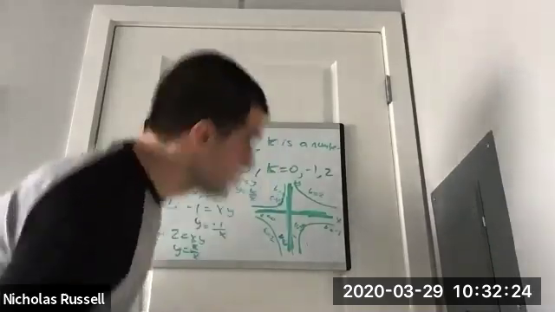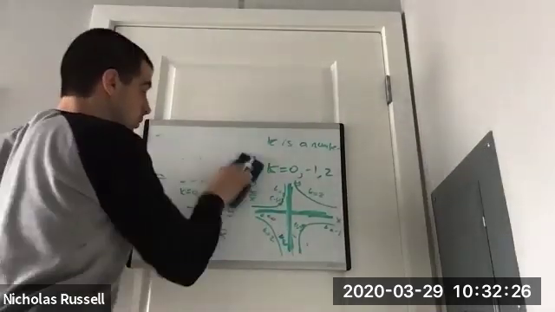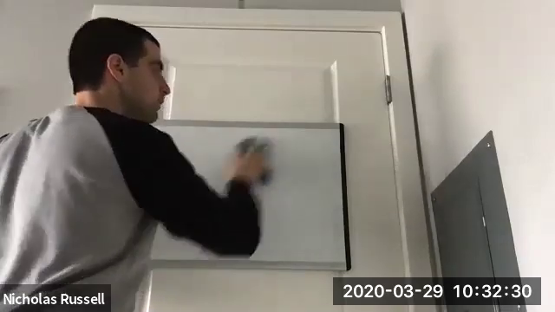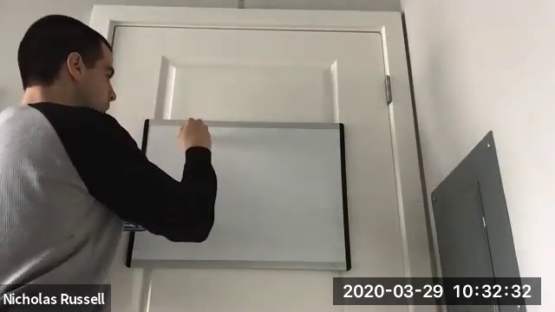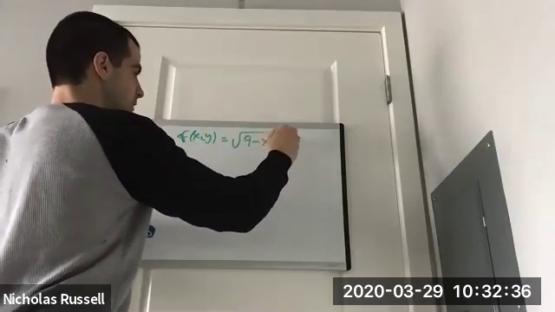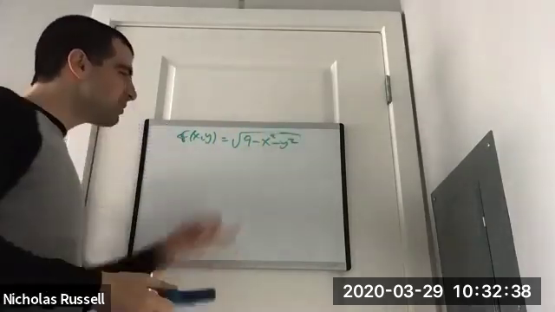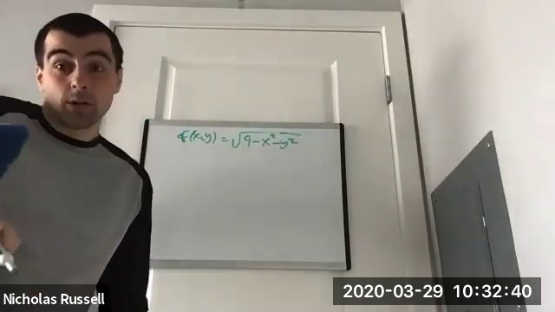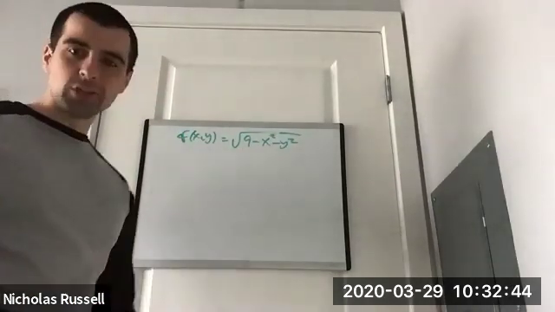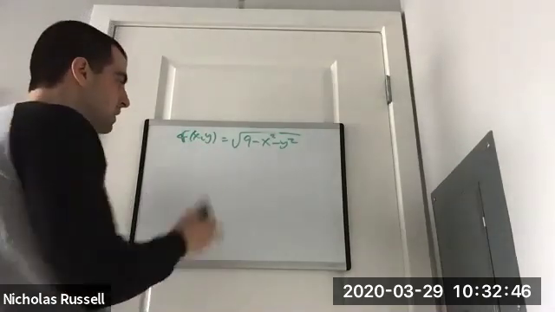So for instance, as an example, if you have something like f(x, y) equals the square root of 9 minus x squared minus y squared, what the heck is this? If you're asked to graph this, what is it? You don't really know what it is. So what I would suggest doing is letting z equal this.